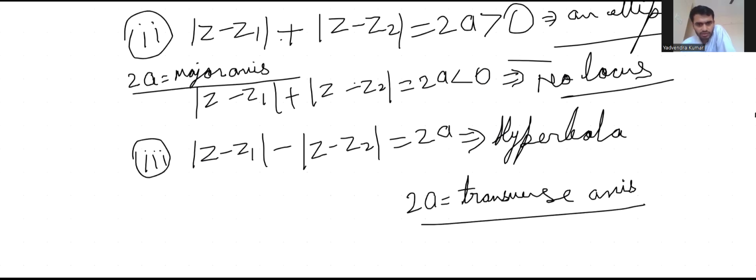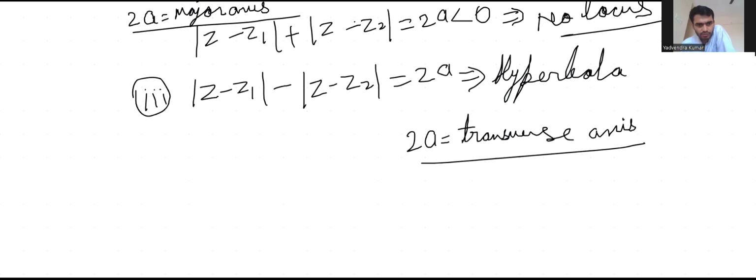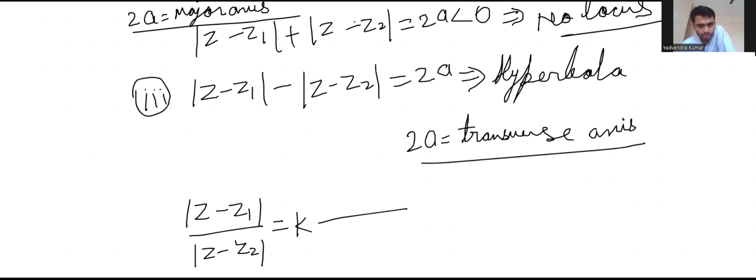Now, straight line properties are also there. If modulus of z minus z1 upon modulus of z minus z2 is equal to k, then two situations are there. If k is equal to 1, this tells us a straight line.